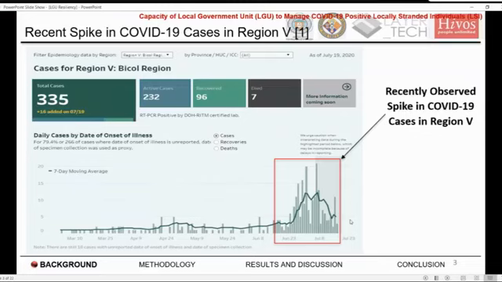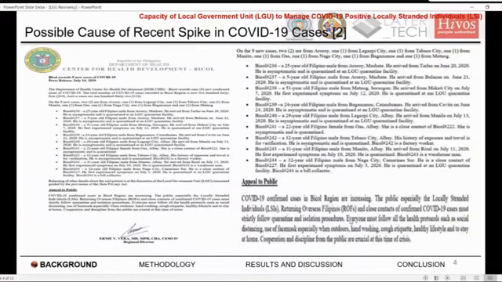We looked into some possible causes, and we found out, based on the official press releases of the Department of Health, CHD Region 5, that most of the positive cases reported just recently were COVID-19 positive locally stranded individuals. These are those from other places who returned to the region. The appeal of the DOH CHD is that those who came into contact with these people should report to them, because most of them have now been confirmed positive.